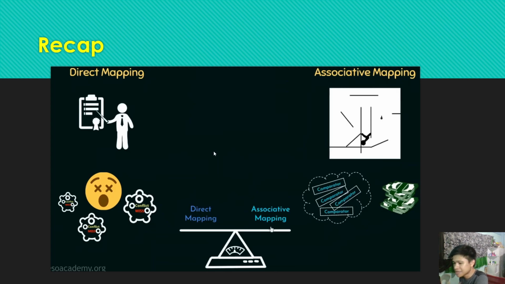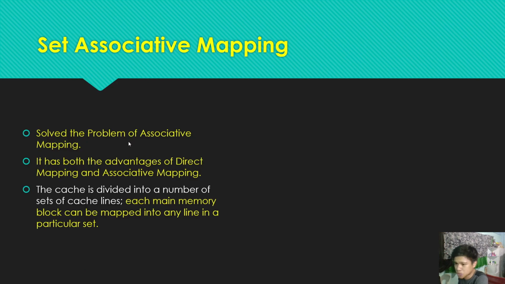So let me introduce to you the solution for both. We have here the set associative mapping. This one solves the problems of associative mapping and direct mapping, so it has the advantages of both.